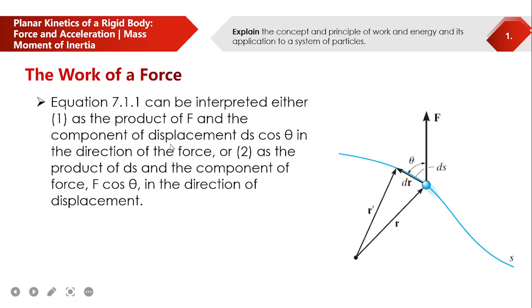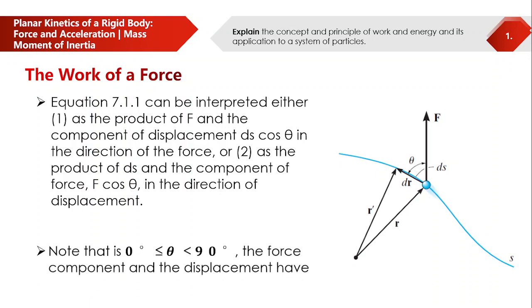If you want to define or interpret your work as the displacement or the component of the displacement, or the component of the force. So, kayo na naman mamili kung asan yung mas madali, no? Pwede siyang F times the component of the displacement, which is ds cosine theta, or the product of the displacement and the component of force, which is F cosine theta. Ganun lang. So, pwede siyang ganun.